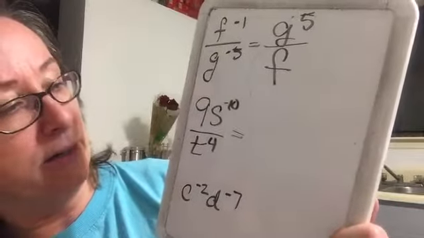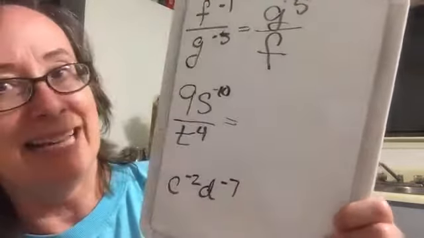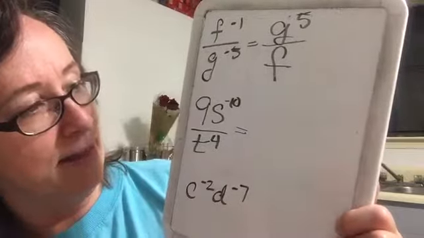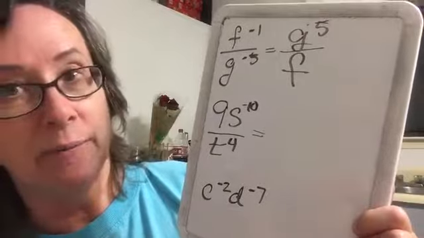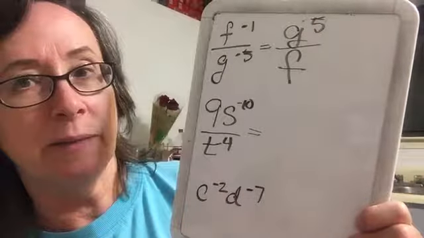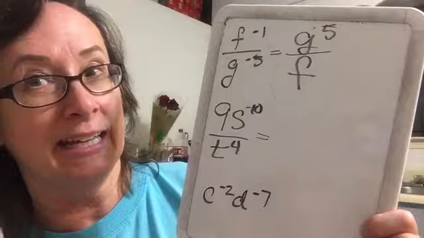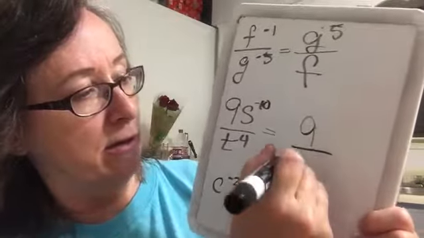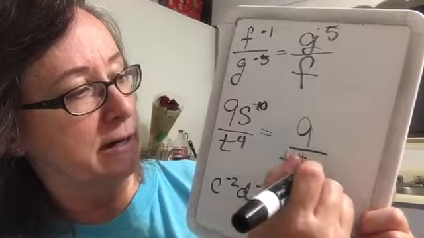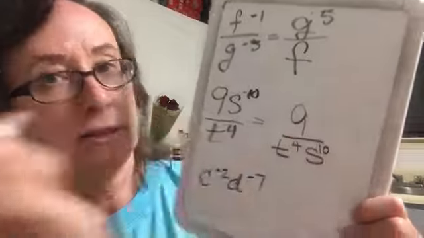This next one here, the 9 has nothing that's going to go with it. The t to the 4 is just fine where it is and cannot be simplified. The only thing that can be simplified is an s to the -10 needs to move downstairs. So the answer is 9 over t to the 4 s to the 10.